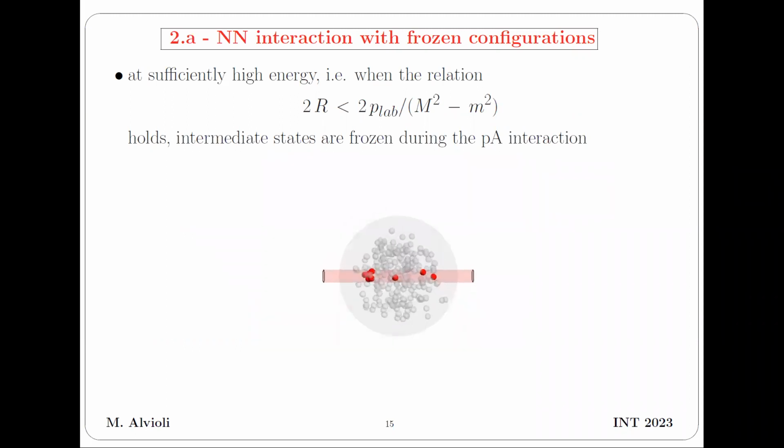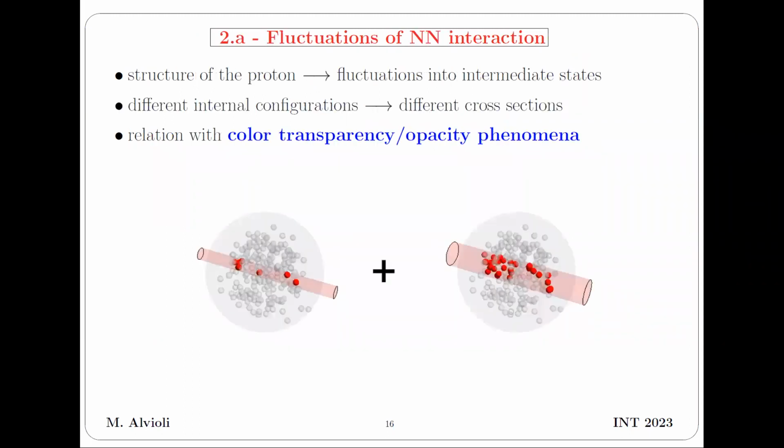This figure tries to describe what happens in the Glauber approximation. For each configuration, for each event, the intermediate states of the proton in pA stay frozen, and there's an average number of interactions it can suffer during the collision.